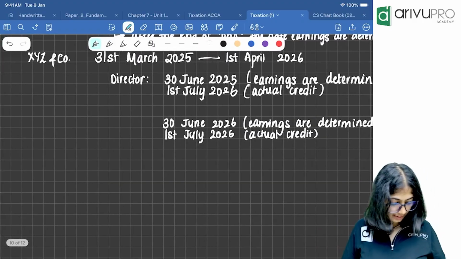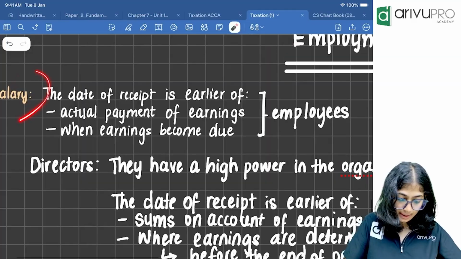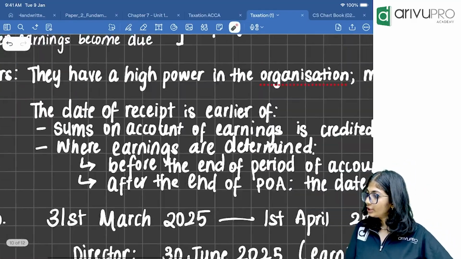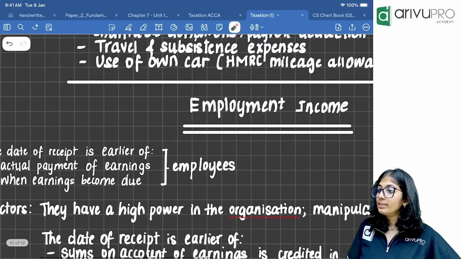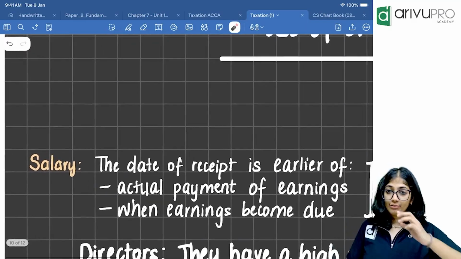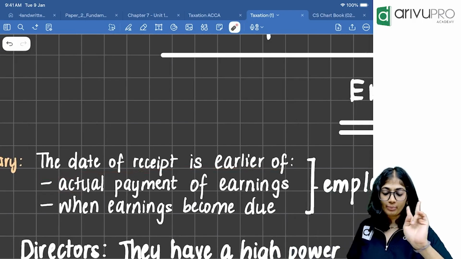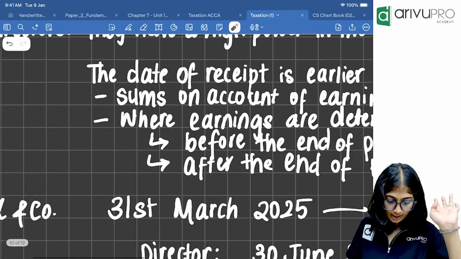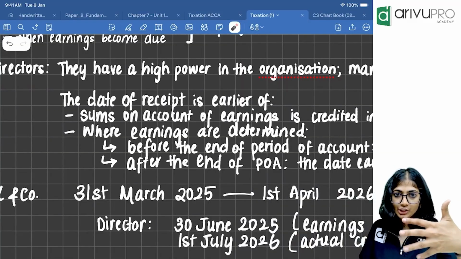Okay. After that, when it comes to salary, the timing is very important. You need to remember the timing. First of all, are you an employee? If you're an employee, then the date of receipt is the earlier of the actual payment or when the payment is due. If you're a director, then you have higher power. That's why we have additional rules.